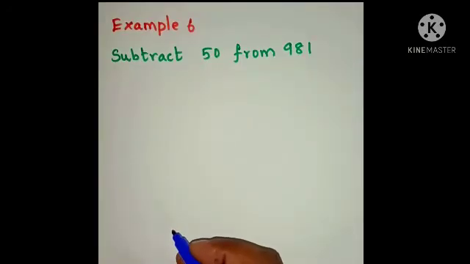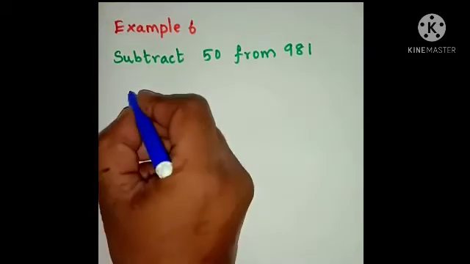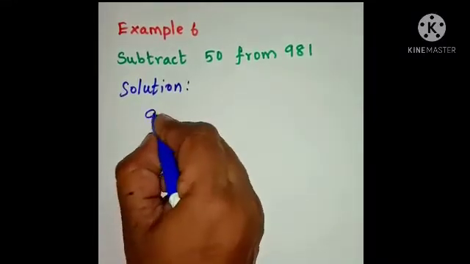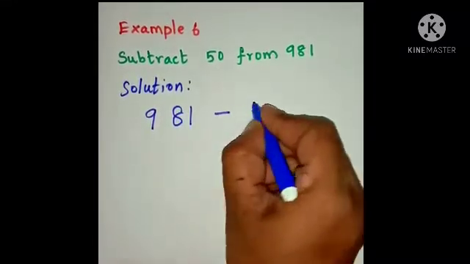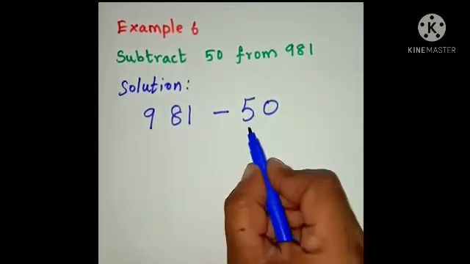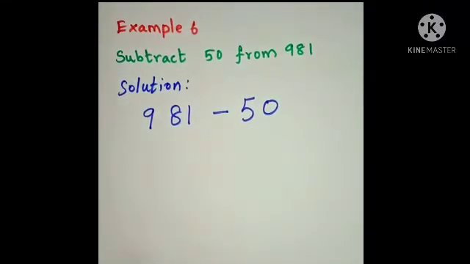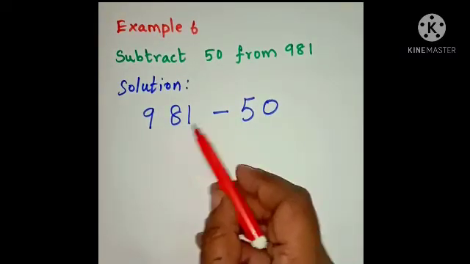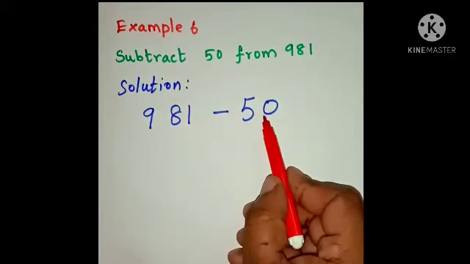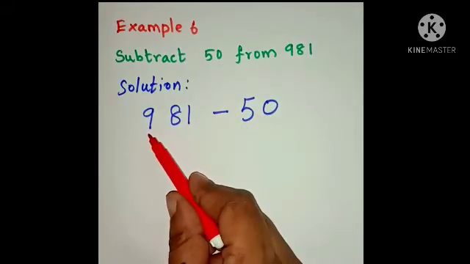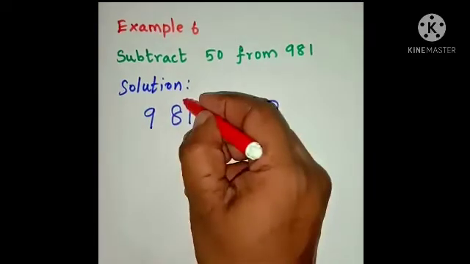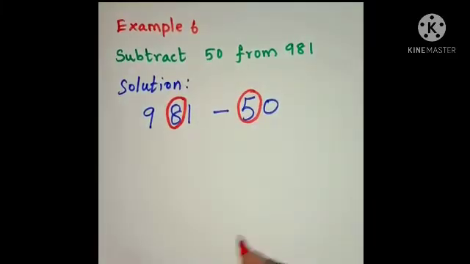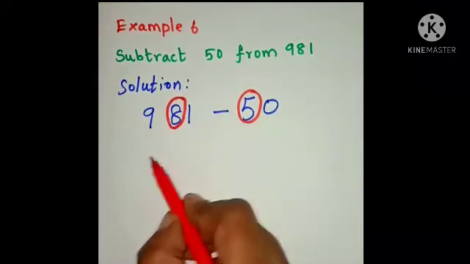Example 6, subtract 50 from 981. So, we can write it as 981 minus 50. So, here 50 is a multiple of 10. Now we are subtracting 50 from 981. So, there is no change in ones place as well as in the hundreds place. There will be a change in tens place. So, circle the digits which are in the tens place. Now, children, 1 minus 0.